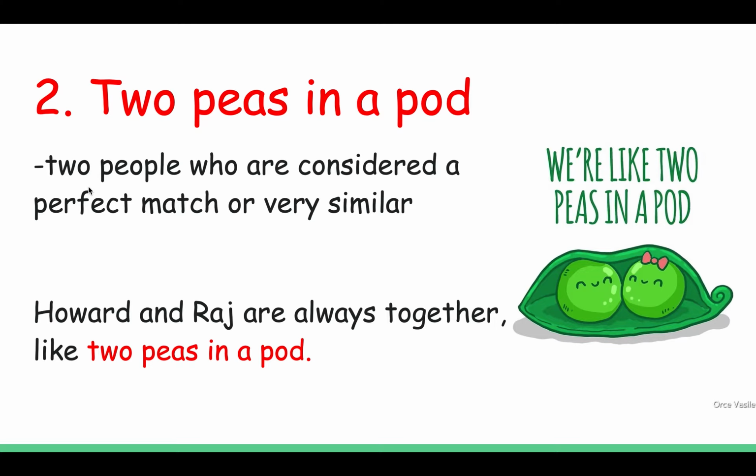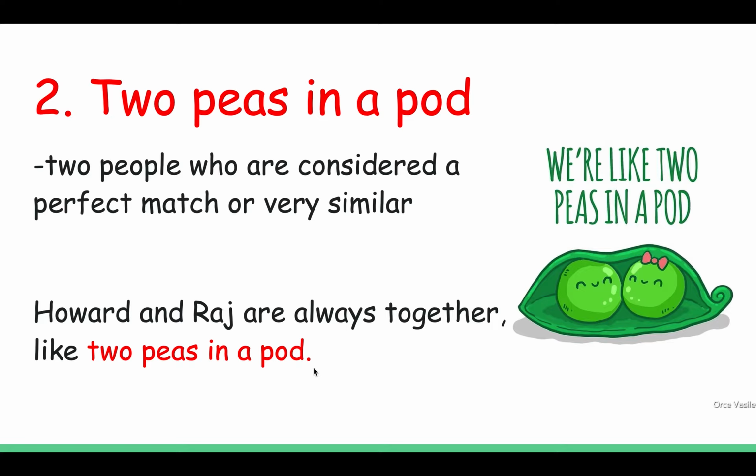Basically, it means two people who are considered a perfect match. What a cute couple. Or they have very similar characteristics, qualities or appearance. Example: Howard and Raj are always together, like two peas in a pod.